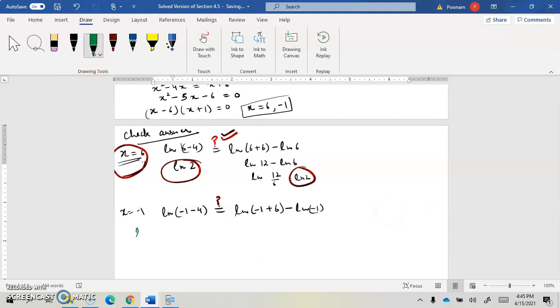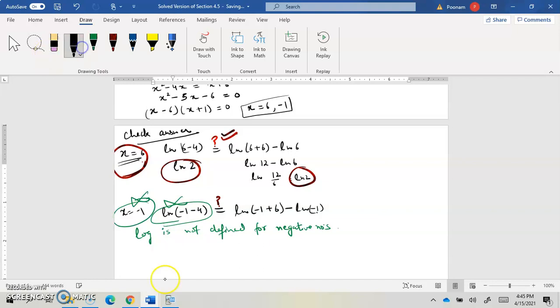Now, log is not defined for negative numbers. So this is not defined. So this is not a solution. So the only solution you can take is x equal to 6. We have to cross this one out. Why? Because log cannot have a negative value.